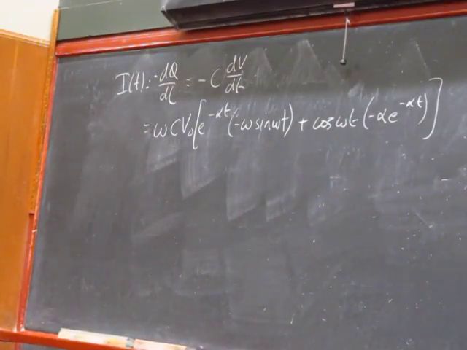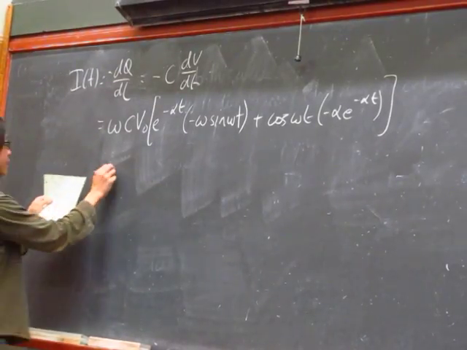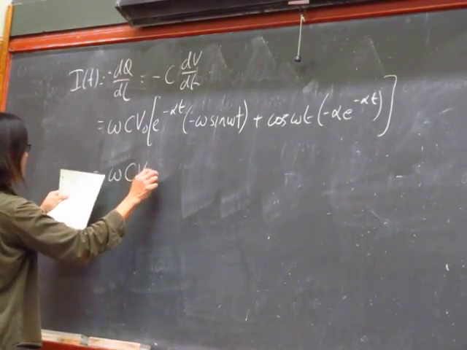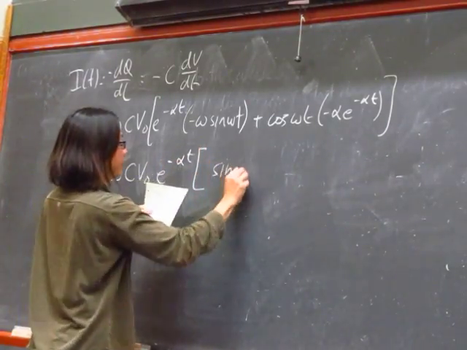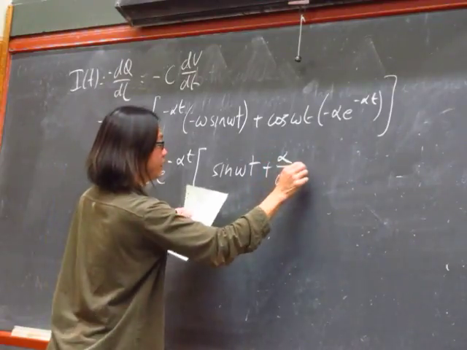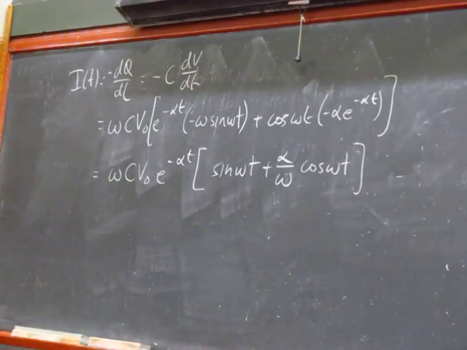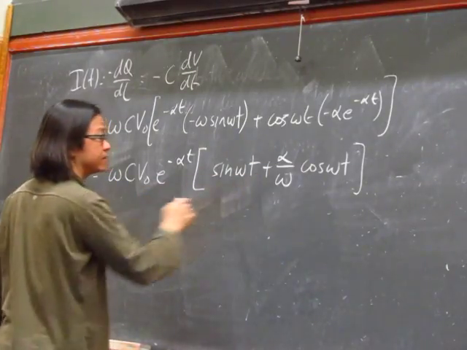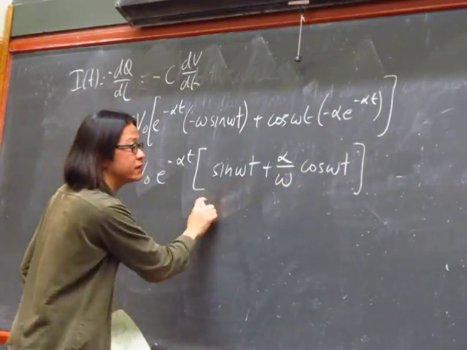It's a product of exponential and cosine, so when I differentiate, I get these two terms. Rewriting it, it becomes omega C V naught e to the minus alpha t times sine omega t plus alpha over omega cosine omega t. So I have a sum of sine and cosine.